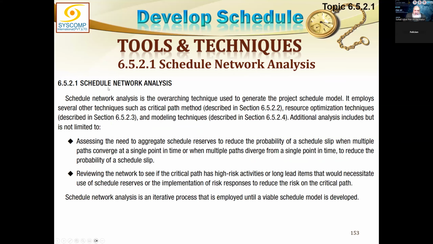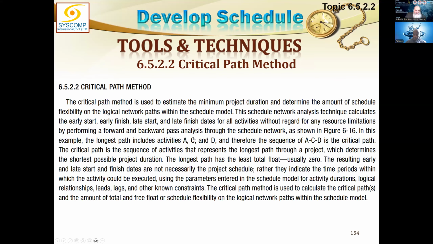We have the schedule network analysis, which we have done already. We understand what it is, how we create it. But naturally, when you are finalizing the schedule, you may have to redo it, do some kind of analysis on how the network diagram works. Does it need to be tweaked or something?